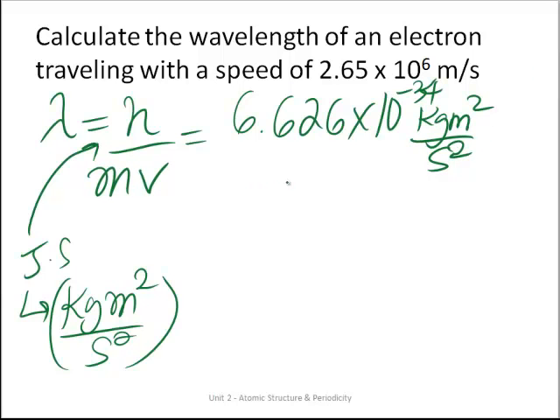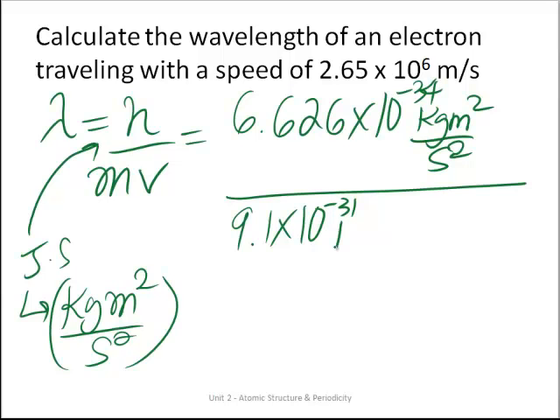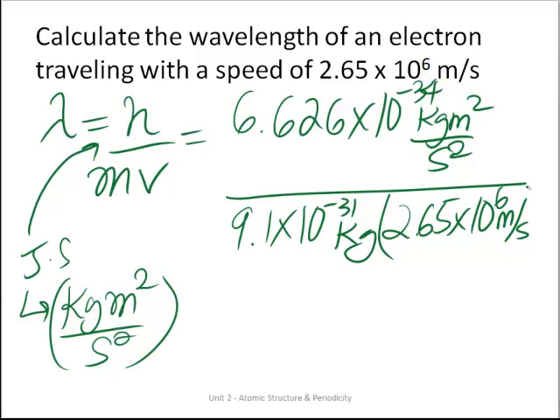Okay, kilograms meters squared per second squared divided by the mass of the electron, which we learned previously when we discussed subatomic particles, was 9.1 times 10 to the negative 31st kilograms. And the velocity is stated here, 2.65 times 10 to the 6th meters per second.